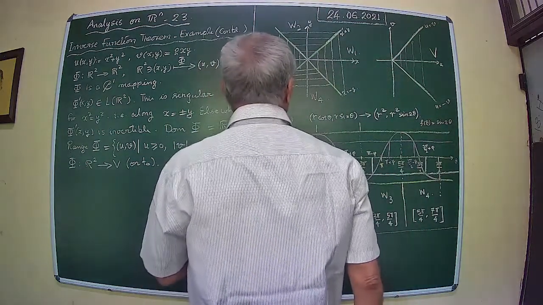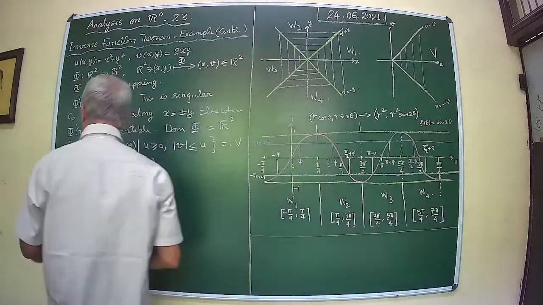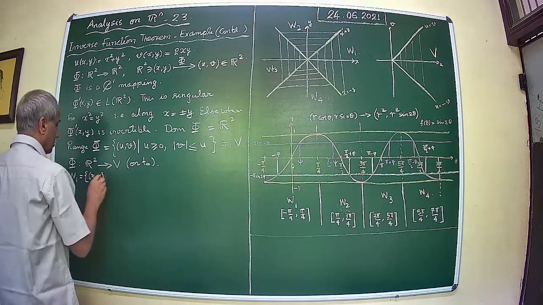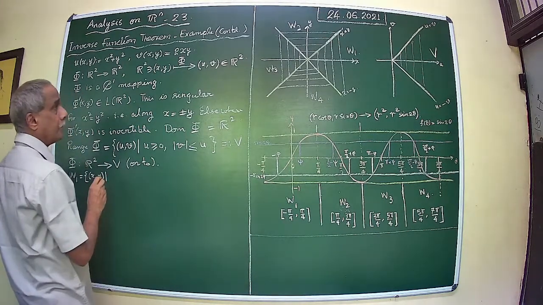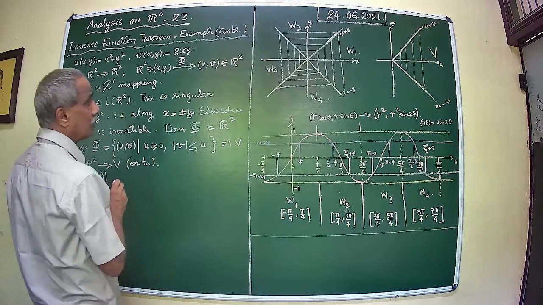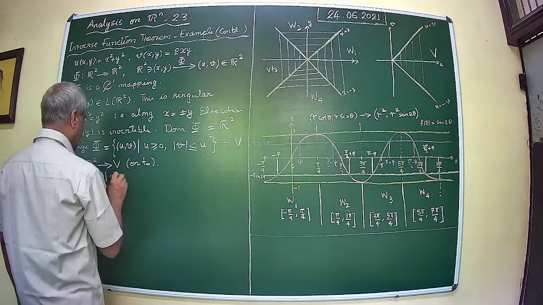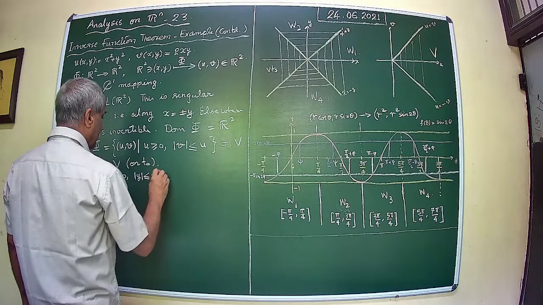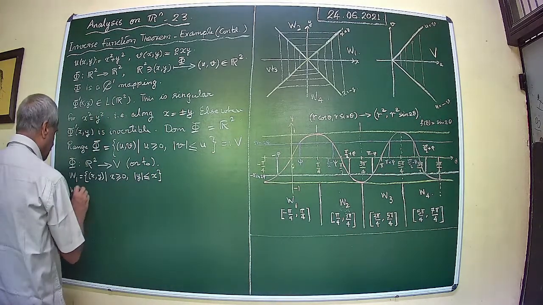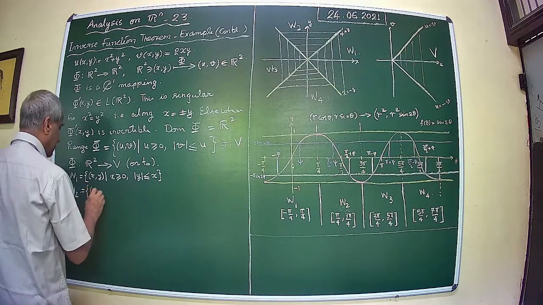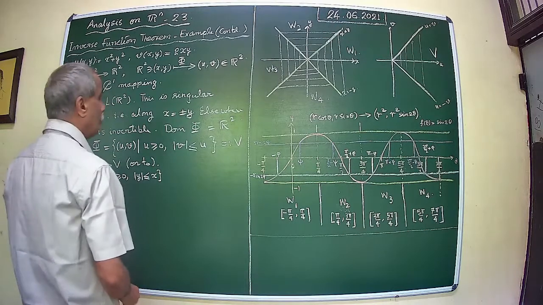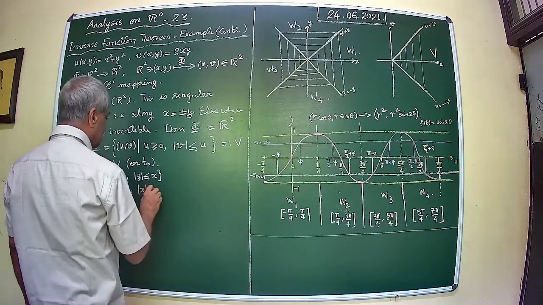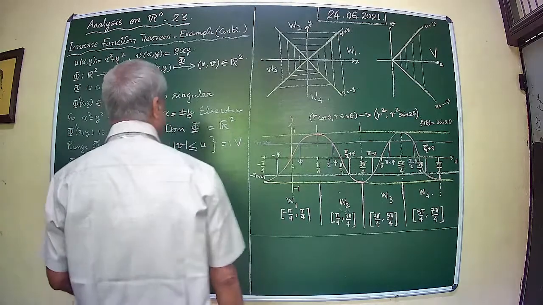So W1 we have as marked, W2 equal to the set of (x,y) where y is positive and mod x is less than or equal to y.